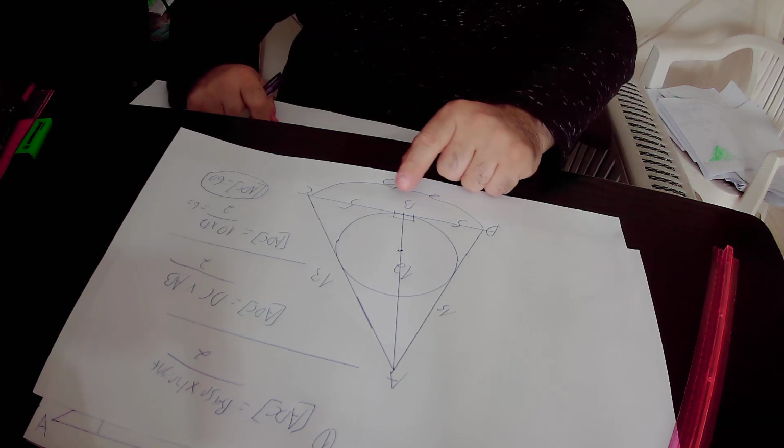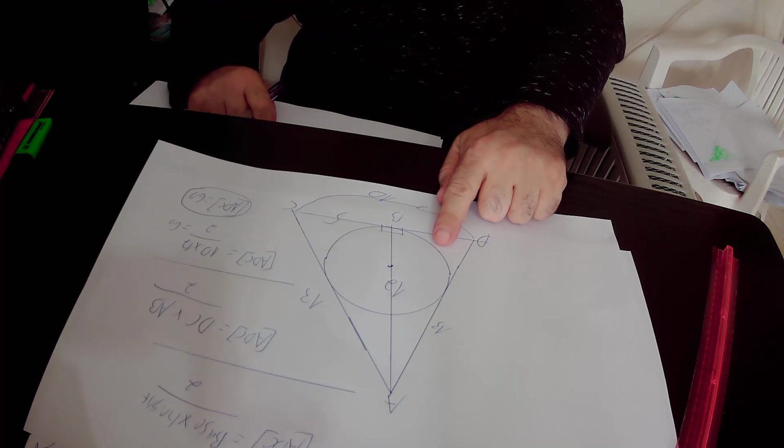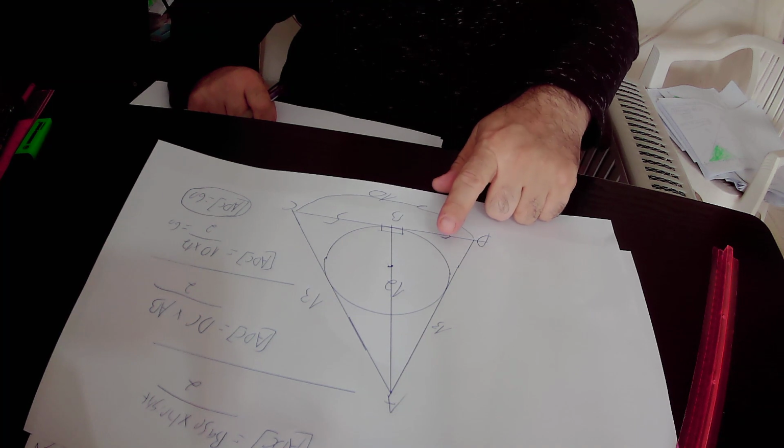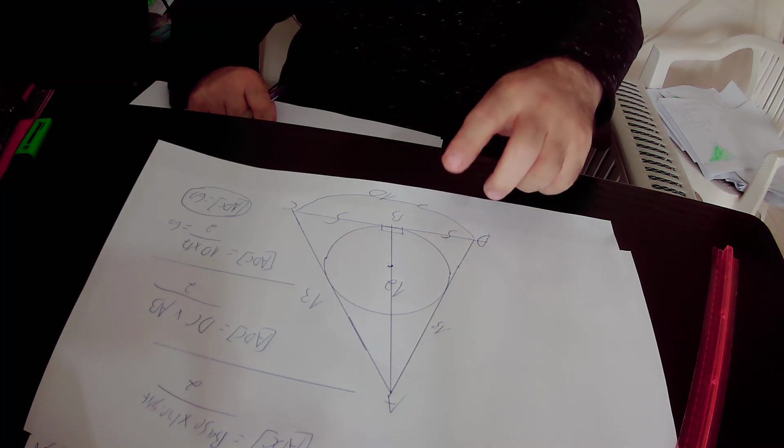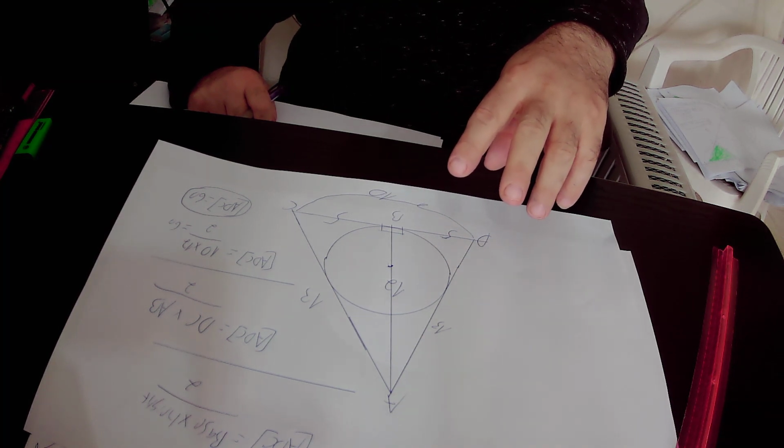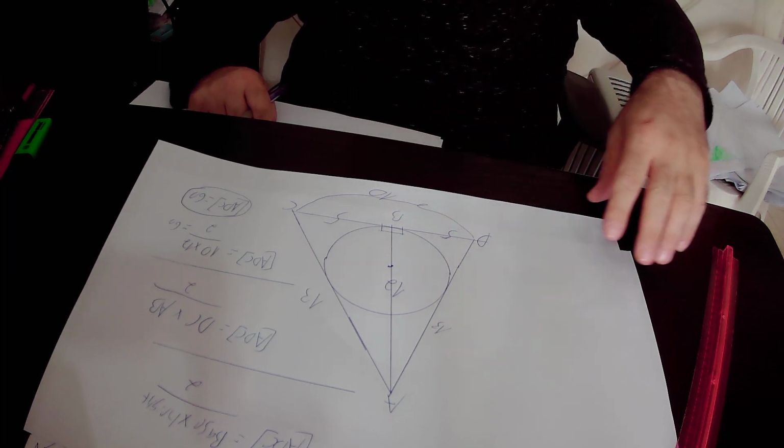And we can find the radius of this circle that is enclosed. The radius of this circle is inscribed by triangle ADC. Triangle ADC encloses this circle.